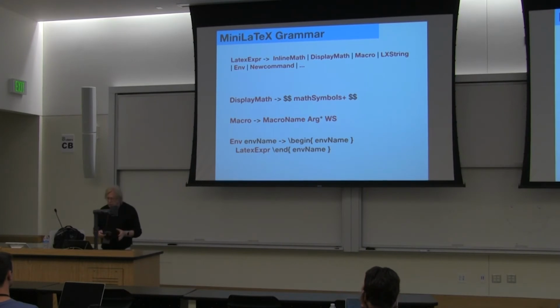So that will derive to the beginning phrase for an environment. I mean, environments always begin with \begin, environment name in curly braces. And then there's the body, so that has to be parsed. That's going to correspond to LaTeX expression. Again, you see the recursivity of things. And then it ends with that ending phrase, \end, environment name in curly braces. So there's a little fragment of the grammar.